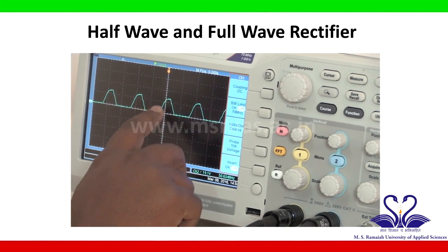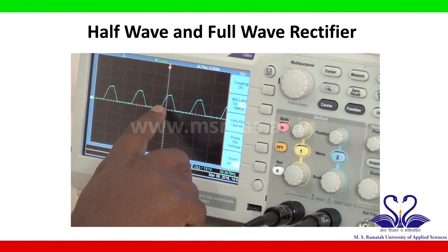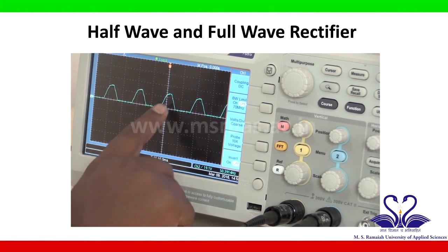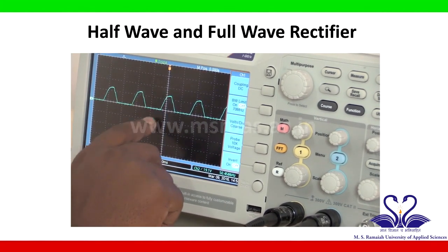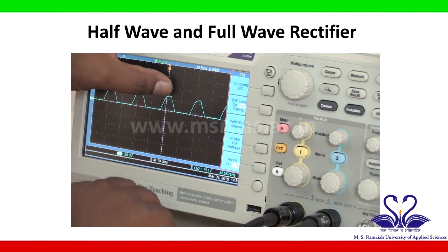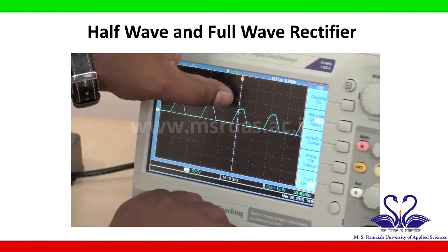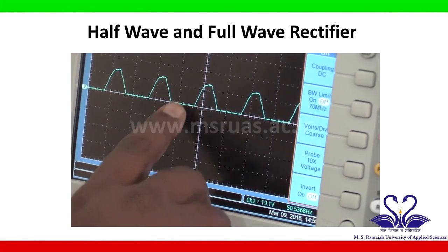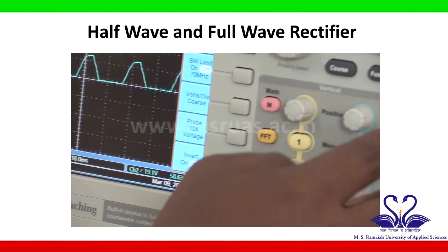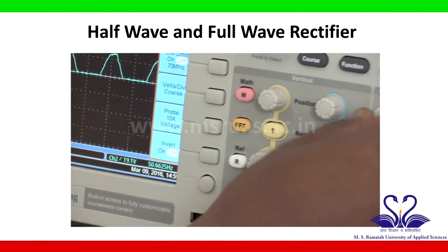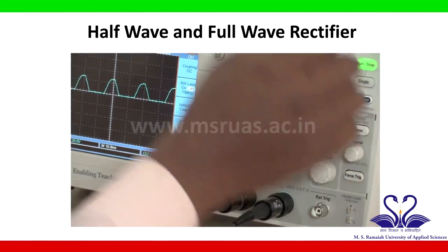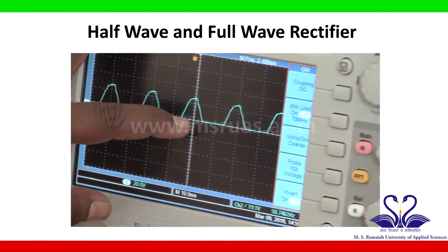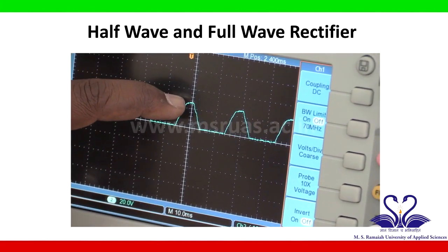I want to measure the peak voltage of this output waveform. To measure the peak voltage, I will move this peak value exactly to the reference line along the y axis. To do that, I will use the horizontal position knob and move the signal slightly left. Now I will measure the distance from this reference line to this peak point.